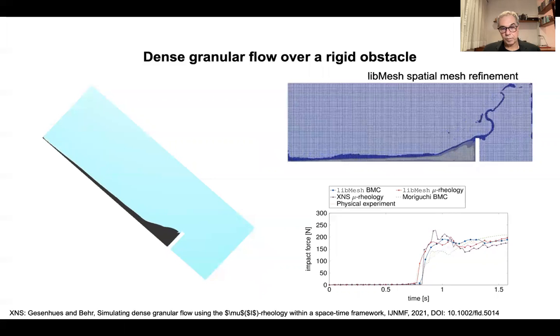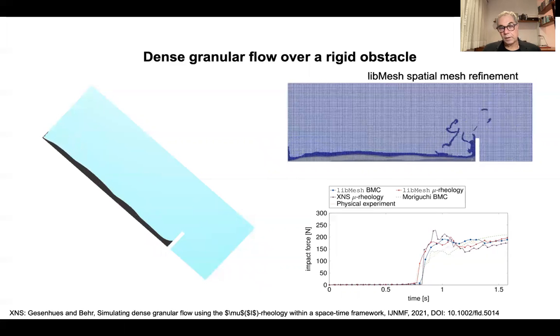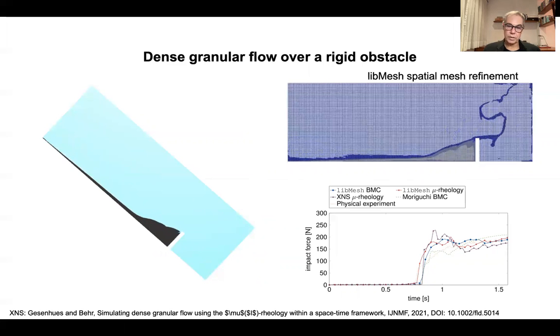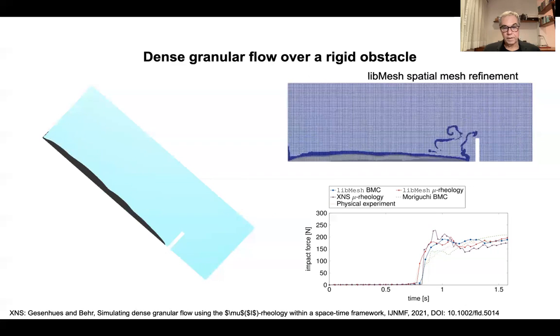And you can see at the bottom several results, including the physical experiment by Moriguchi, their simulation, our simulation with the Bingham-Mohr-Coulomb and the mu(I) rheology, and a new simulation using a space-time framework by Gesenhues and Behr in Computer Methods in Applied Mechanics and Engineering, recently published in IJNMF.